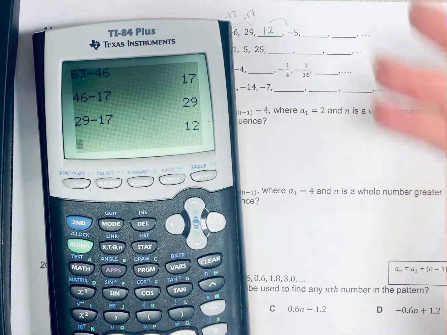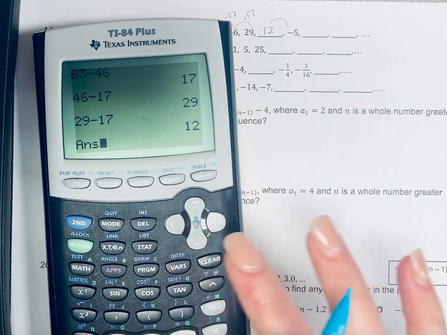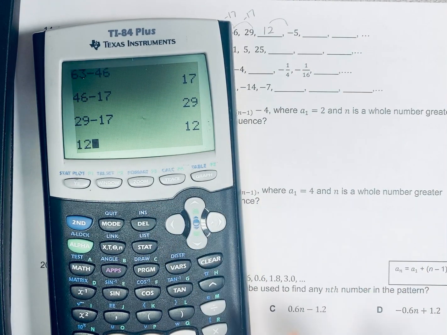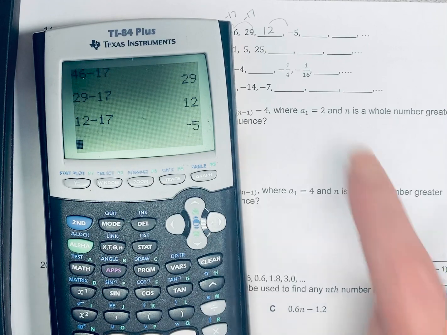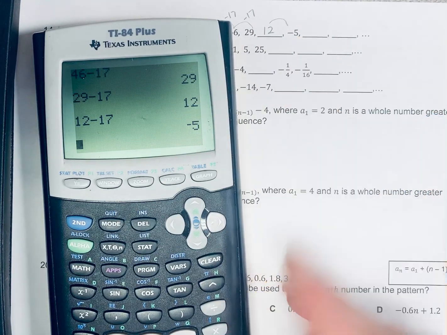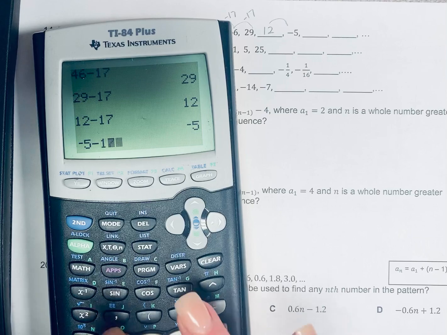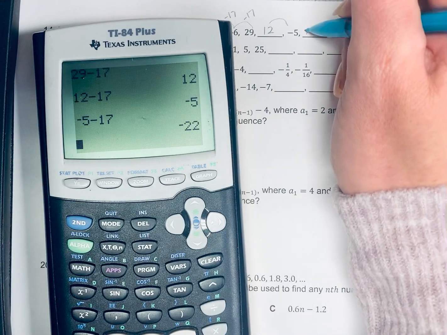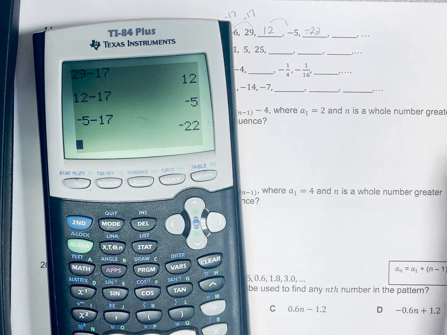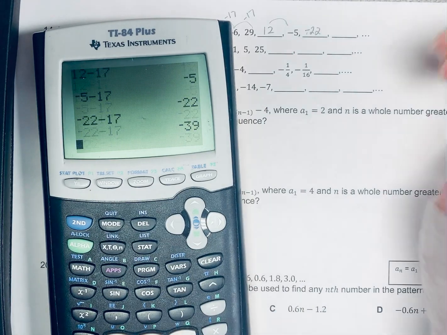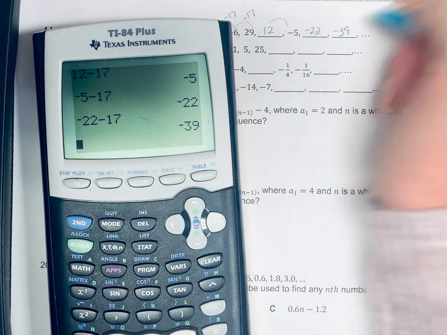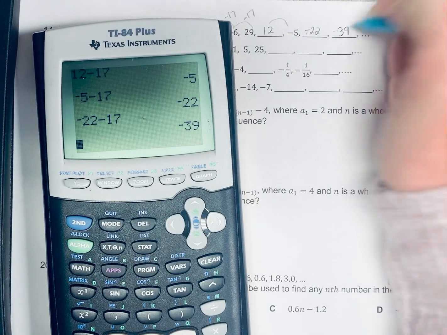Let's check and make sure that's the same thing. So 12 minus 17 would be negative 5. So far, so good. Then negative 5 minus 17 is negative 22. And then negative 22 minus 17 would be negative 39. So that would be that sequence.